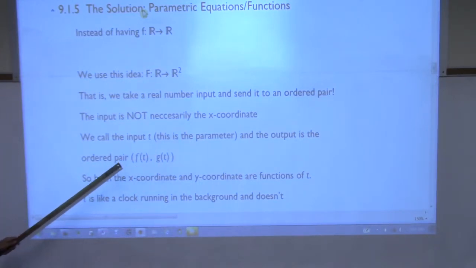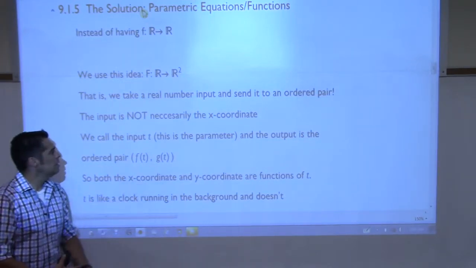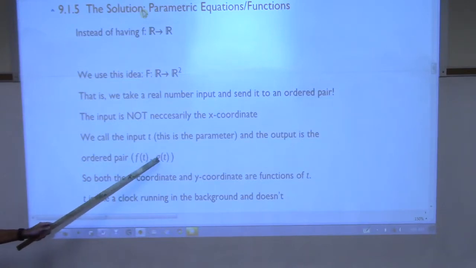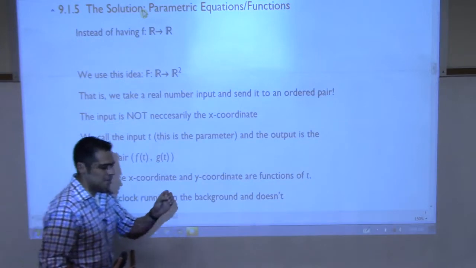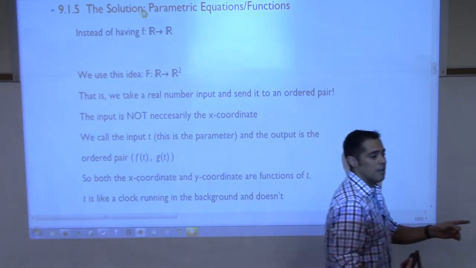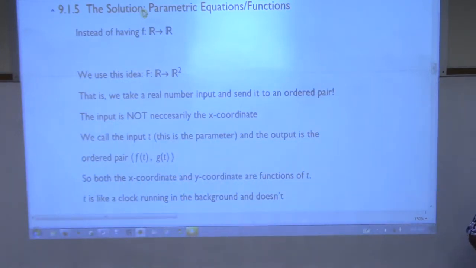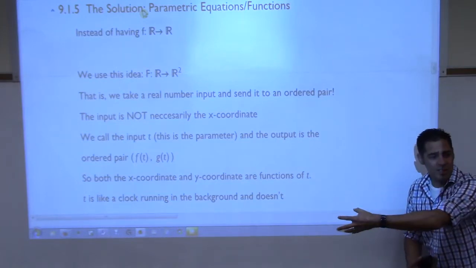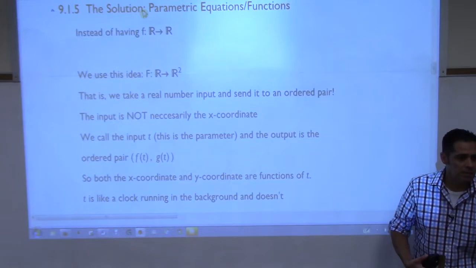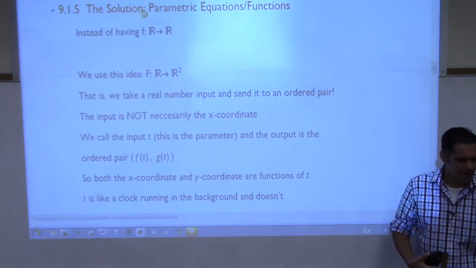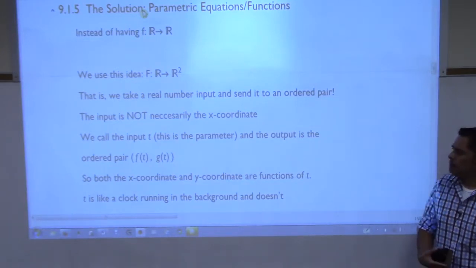In fact, the ordered pair that comes out, the two things that come out, because an ordered pair is a point, both of these coordinates depend on what we plug in. So what we're going to plug in instead of x is t, and we call t the parameter. The function is going to take in a single number t and spit out a point, an x and a y. Get that idea?